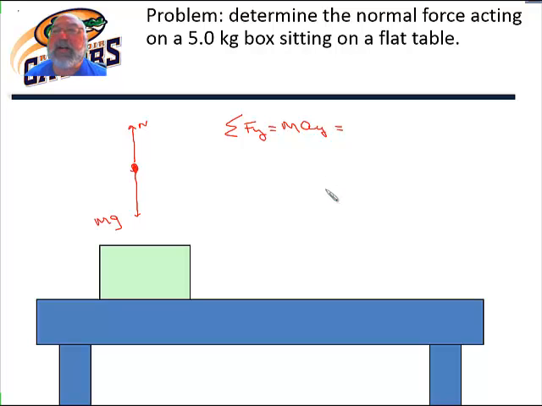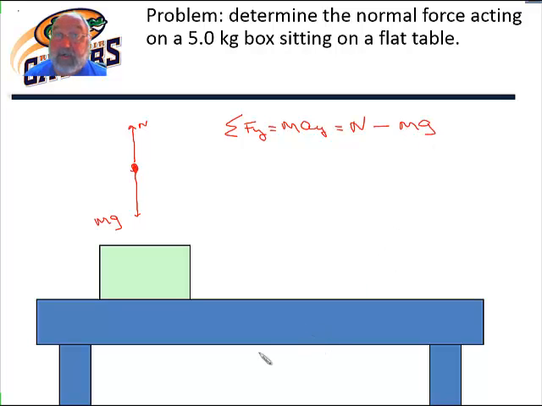Well, the forces that are acting in the positive y direction, pointing up, normal force, minus the forces that are acting in the down or negative direction. The only force that's acting down is the weight, which is mg.